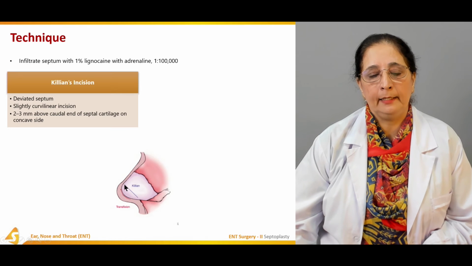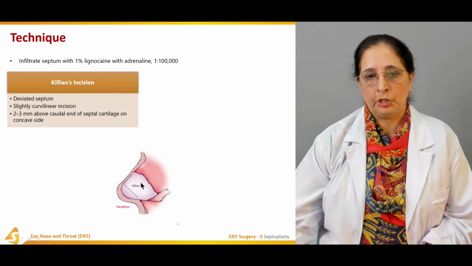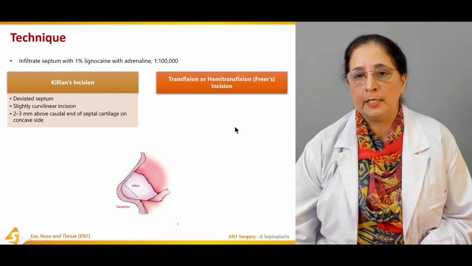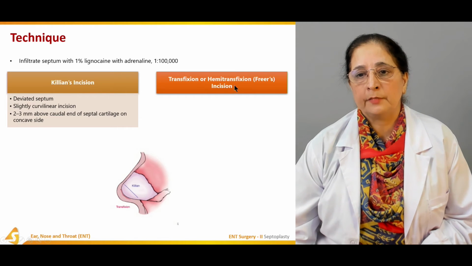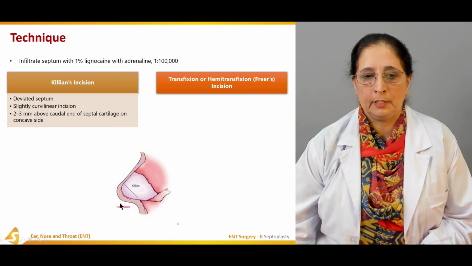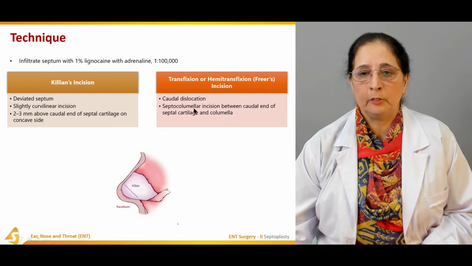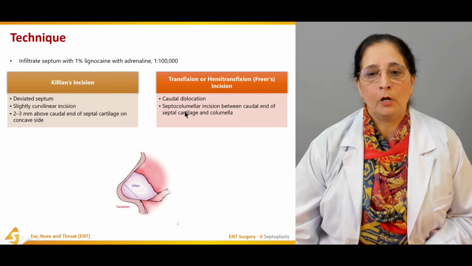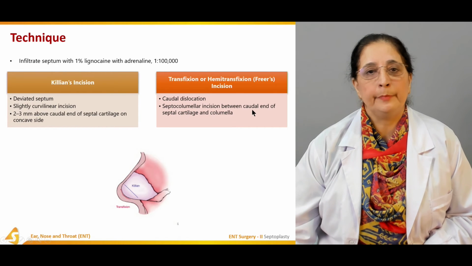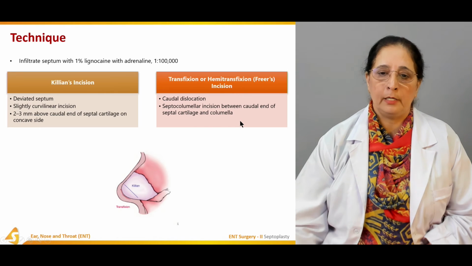That's one incision. The other is the transfixation or hemi-transfixation incision, used if there is caudal dislocation. Septocolumnar incision is between the caudal end of septal cartilage and the columella.